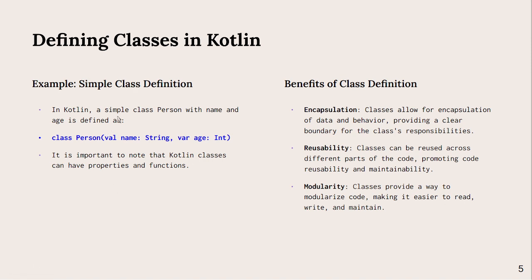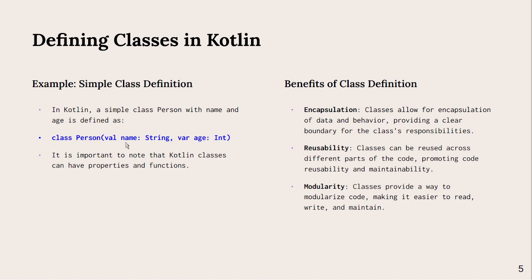In Kotlin, a simple class, we call it Person, with name and age can be defined like this. In this example, you will see that we use a parenthesis right after the class name. That means this is called the primary constructor. All the parameters listed in the primary constructor would be related to the internal properties.